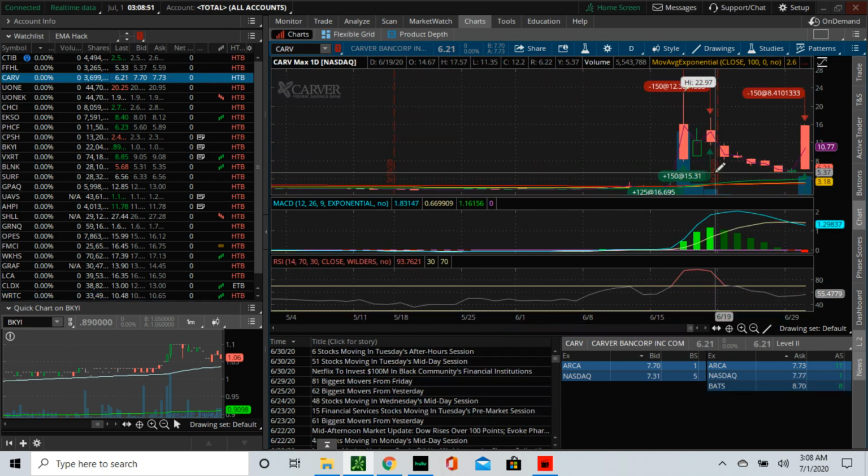CARV, and I played this wrong today, actually. This is not something that I even have played at all. I think I allowed my blackness to get into it because it's a black business, and I allowed my emotions to get in there, even though all the technicals were saying don't buy it.